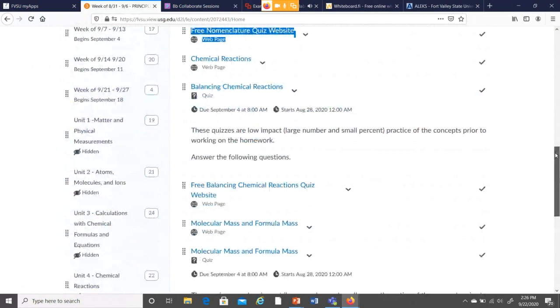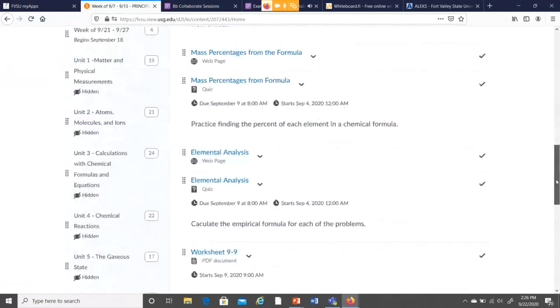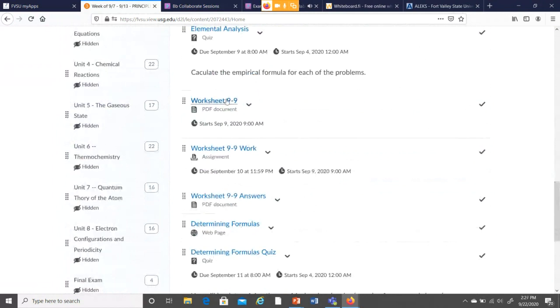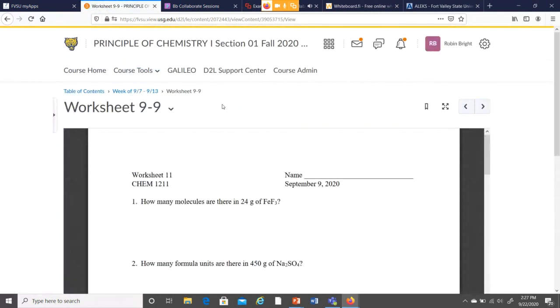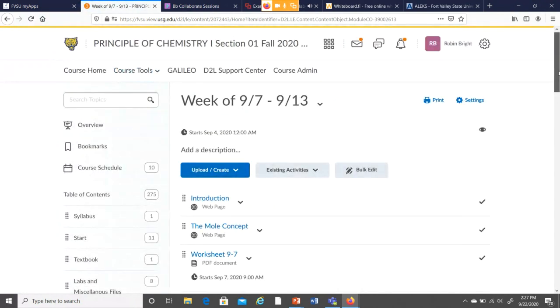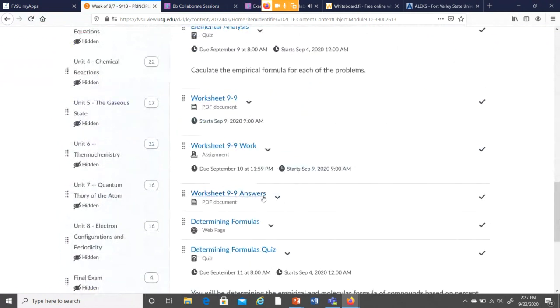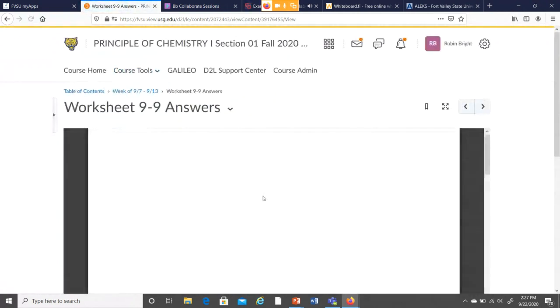I thought I hit them all. I went back two weeks. There we go. So if I look here, the worksheet from 9-9, this is where you submitted it, and now the answers are there. If you go back and do the problems, then after you do them, go back and check your answers. Don't look at the answer key until after you've attempted it, because you will think you know how to do it just because you looked at the answers.